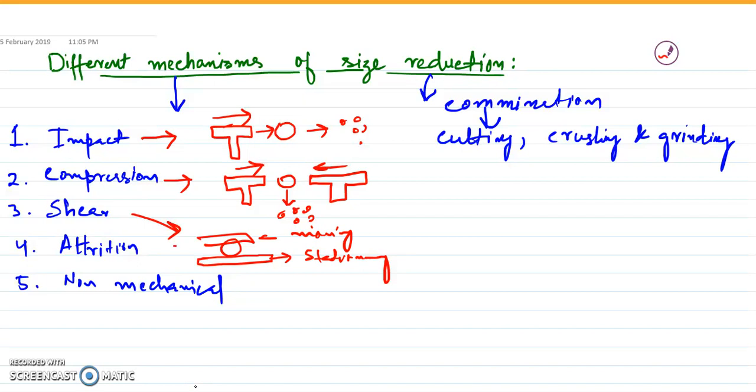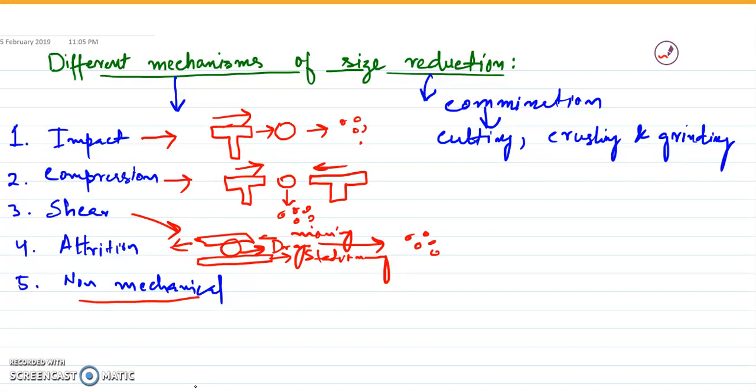The moving surface produces the force and the stationary surface reduces the drag, which results in the disintegration of large particle into small particle.